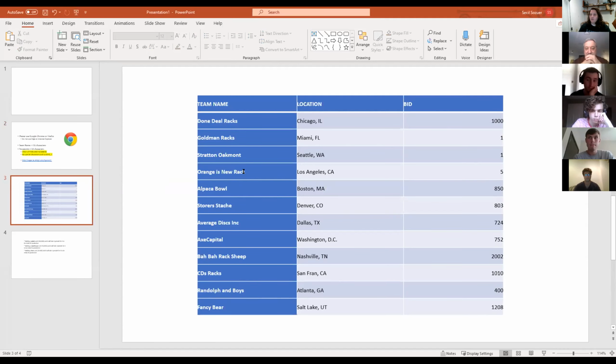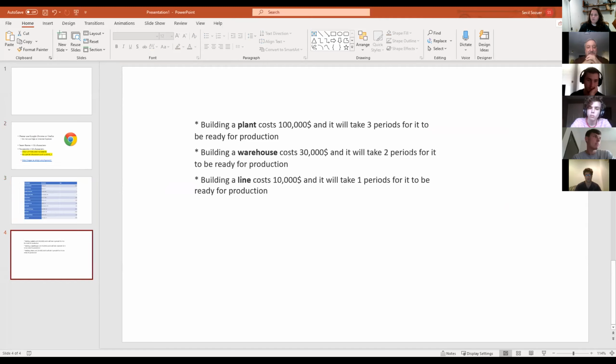That is how the locations are assigned. You start with one plant in the location that was the result of your bid. If you want to build a different plant, it would take 3 periods for it to be ready for production. For a warehouse, it takes 2 periods, and a manufacturing line takes 1 period.